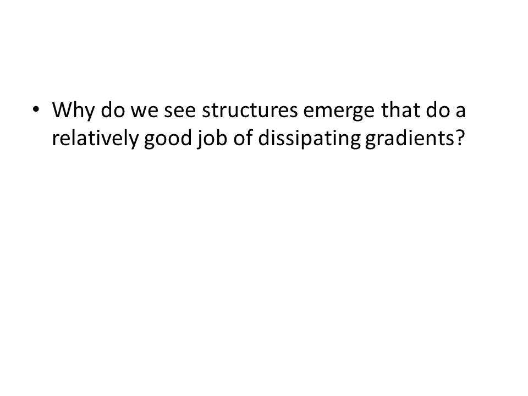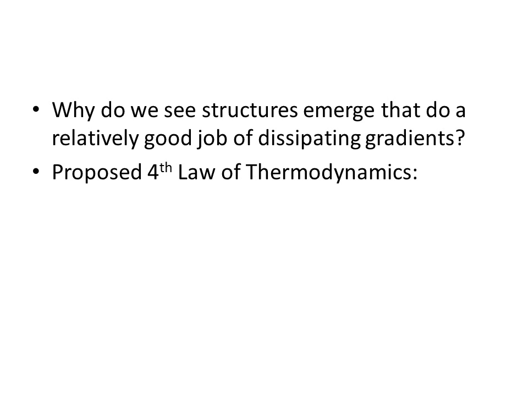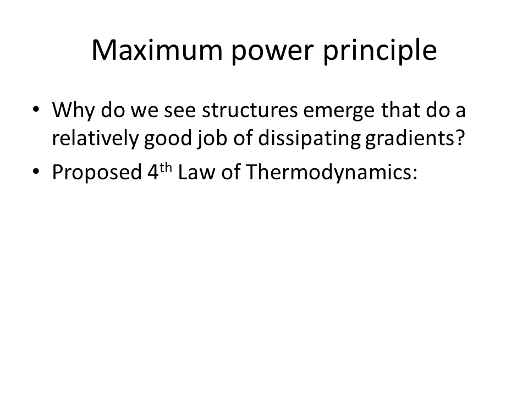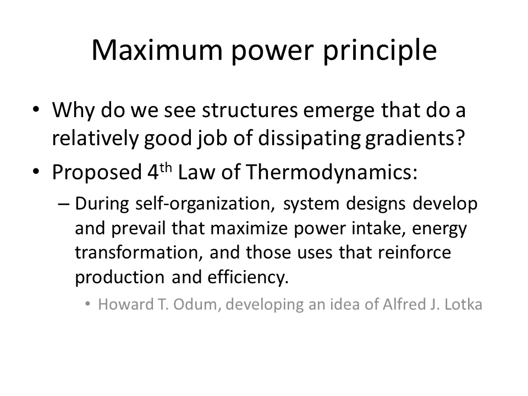The ecologist Howard Odum proposed what he said should be the fourth law of thermodynamics, the maximum power principle. This was the idea that during self-organization, system designs develop and prevail that maximize power intake, energy transformation, and those uses that reinforce production and efficiency. Why might this be true?